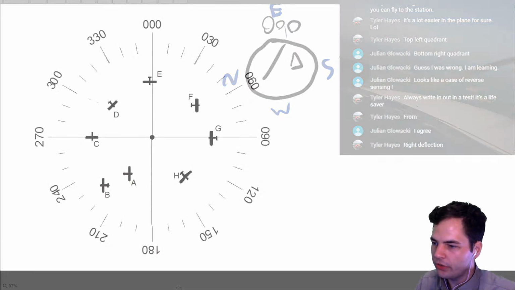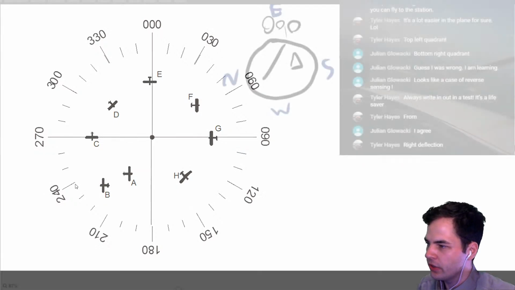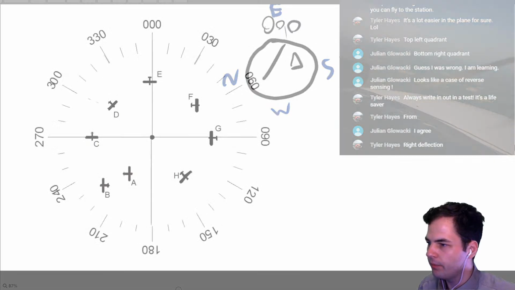And so what the question's going to be asking about, 090 left indication TO flag, it's going to basically say what's the indication for each of these airplanes, or which of these airplanes would have that indication, basically, right? So that's what this question would be, is which of these airplanes have that indication? 090 left CDI deflection and a TO flag.